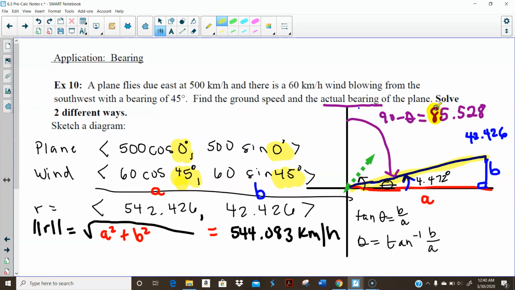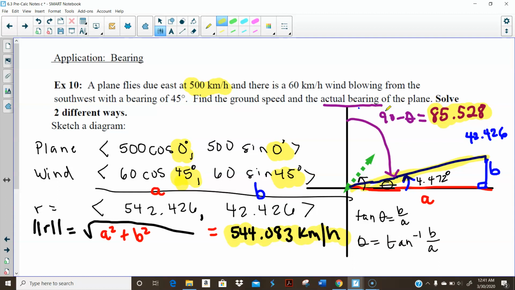Anyway, this is going to be the bearing, 85.528, and the speed of the plane is 544.083. So you can see that the plane was flying 500. Have you ever been on an airplane before and you end up getting there early because the pilot says there's a tailwind and the plane's getting pushed faster?